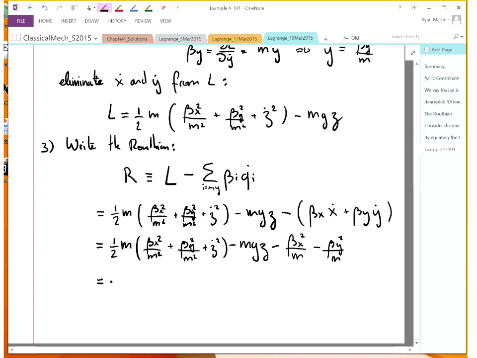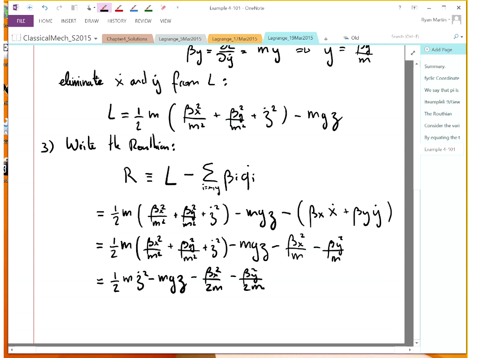let me first write out the non-cyclic coordinates. So I have a half m z dot squared minus mgz, and then if I do a half beta squared over m minus beta squared over m, then I have minus beta x squared over 2m minus beta y squared over 2m.